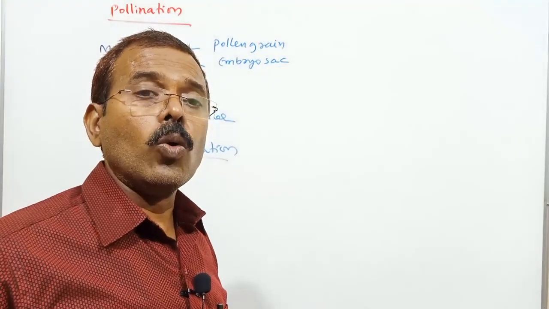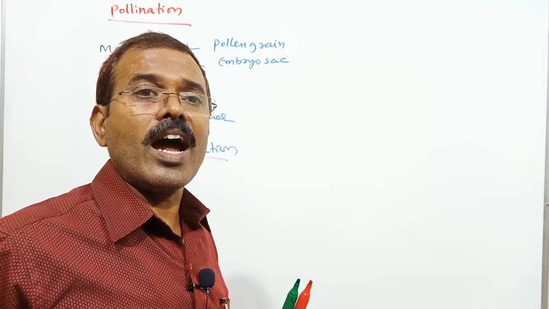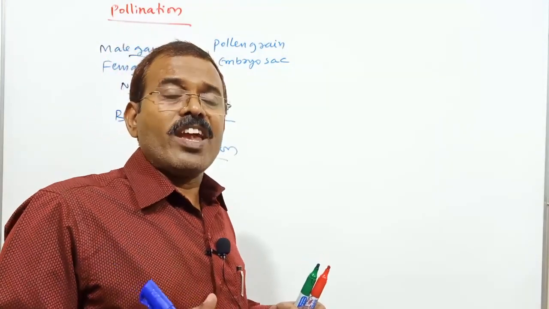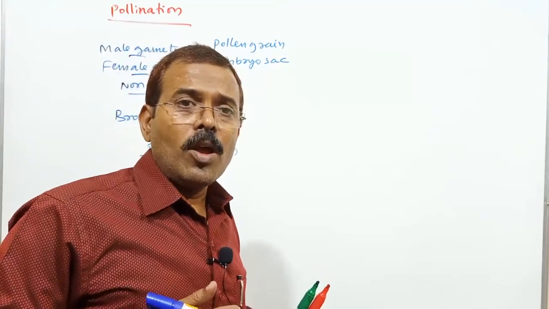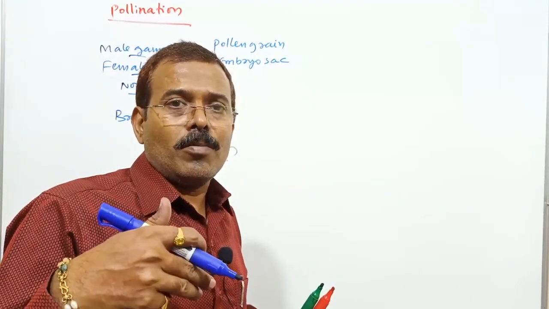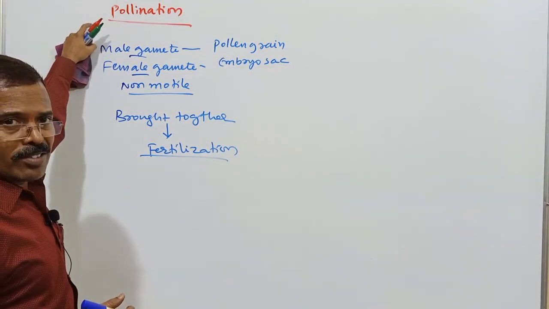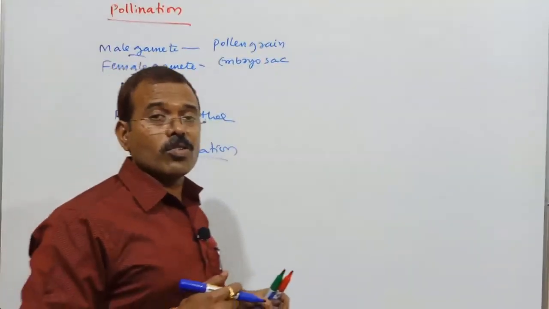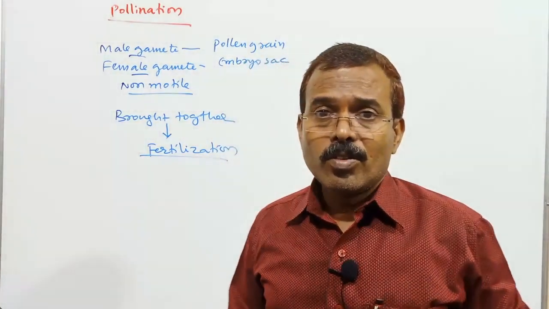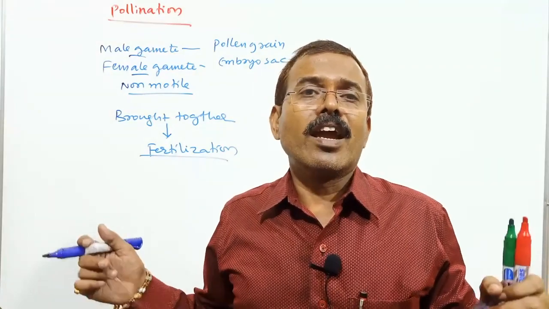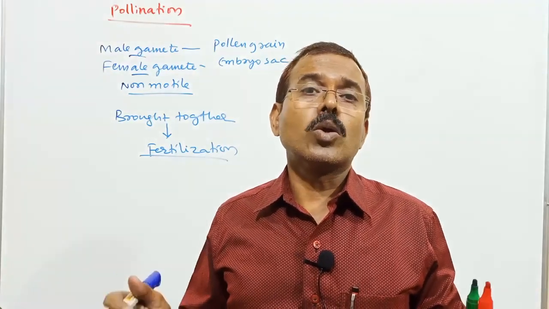So how can the plants achieve this fertilization? Plants can achieve this fertilization by a process. That process is called pollination. Due to this pollination only, the male and female gametes can be brought near together.